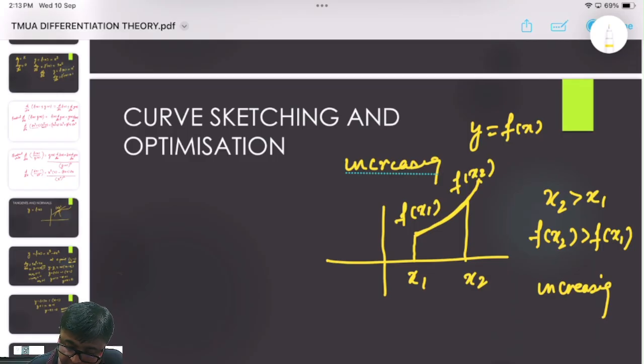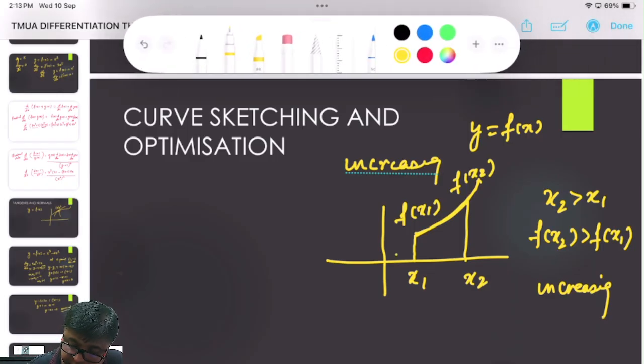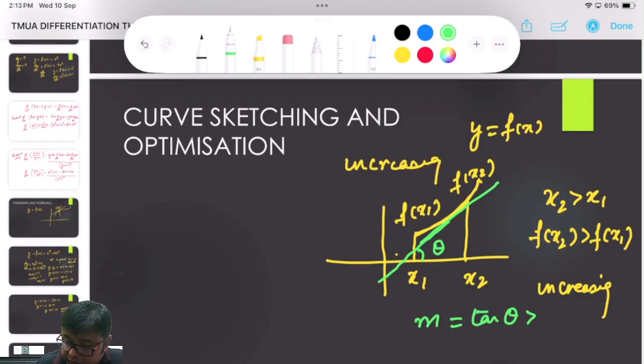If I draw a tangent at any point on this part of the curve, this tangent makes an acute angle with the x-axis. And I've told you the slope is also defined as tan theta, which will be positive.